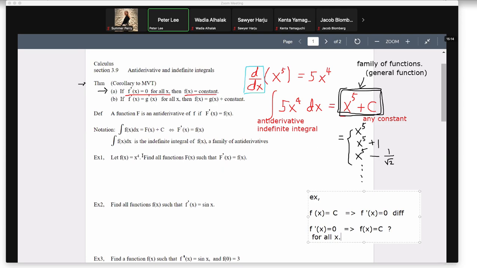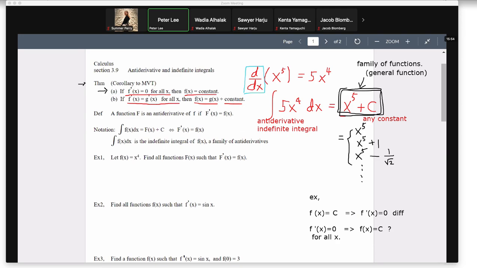Now, in a similar way, part B is very similar. Part B can be proven easily by using part A, by the way. So what is part B? If you have two functions whose derivatives are the same, if the two functions have the same derivative, they can only differ by a constant.